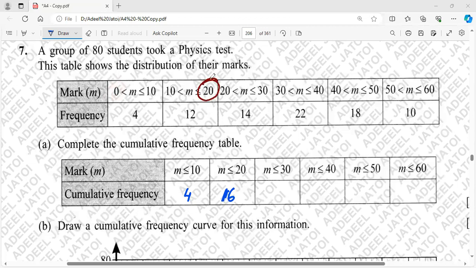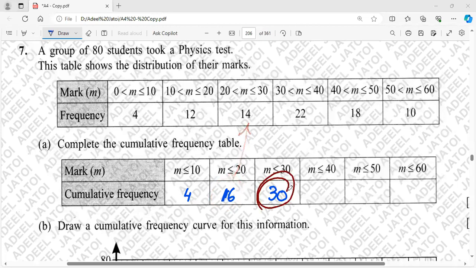Similarly, at 20, this should be 4 plus 12, which is 16. Next, for 30, 16 plus 14, the cumulative frequency adding up to the frequency. So 16 plus 14 will be 30, right?